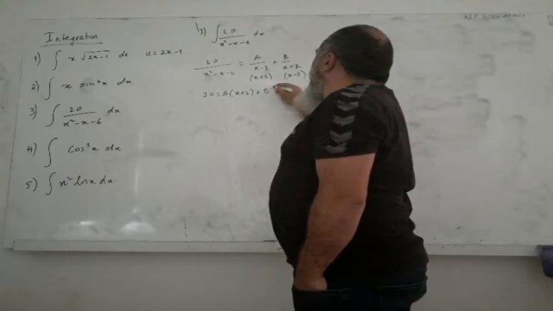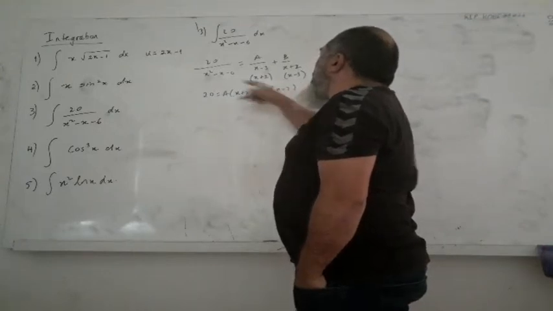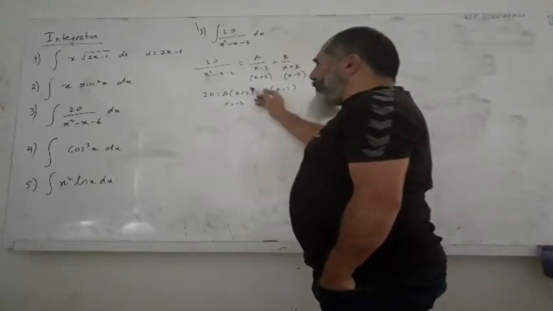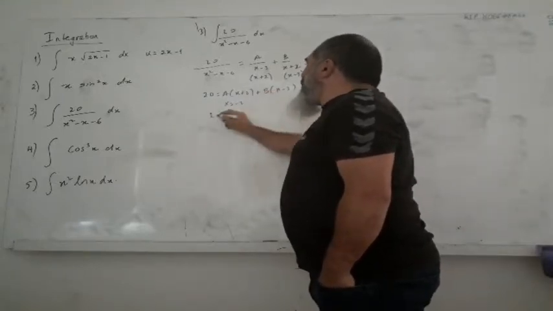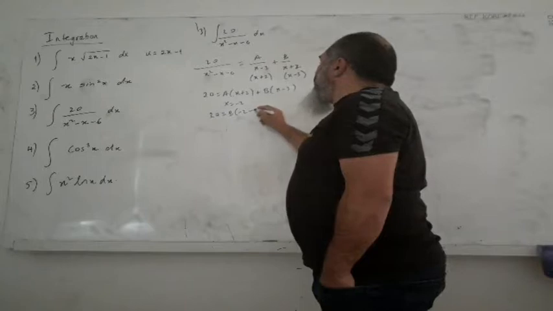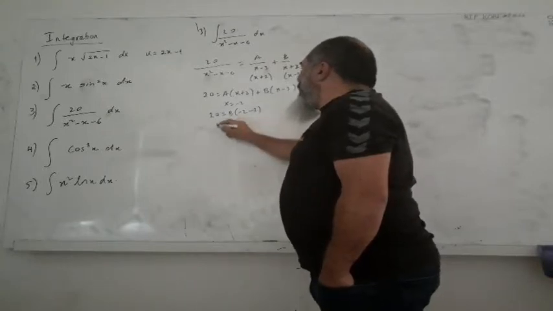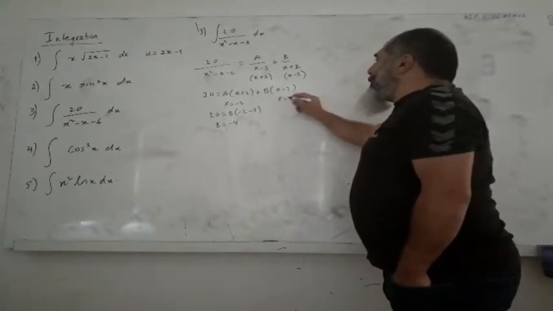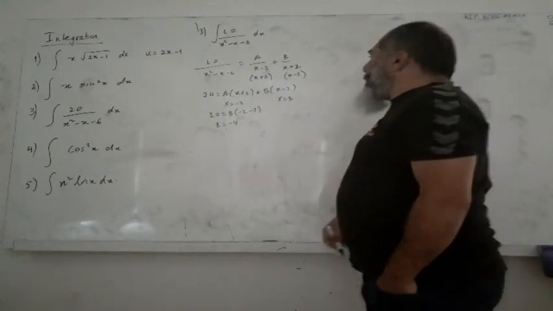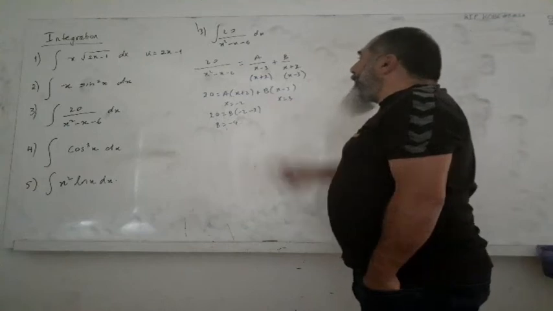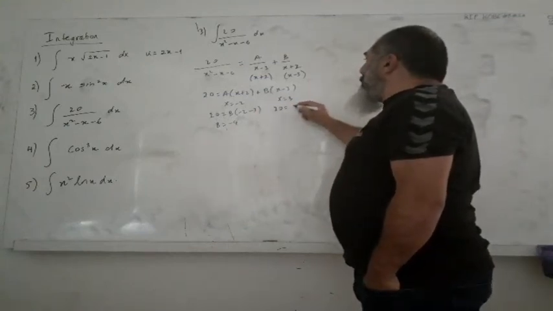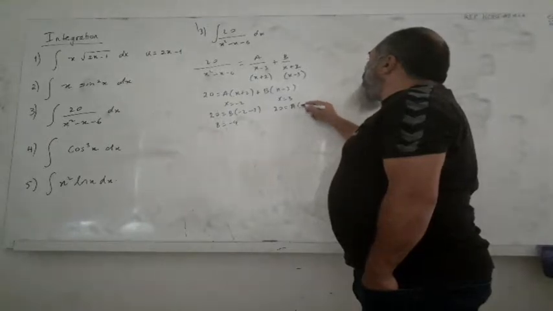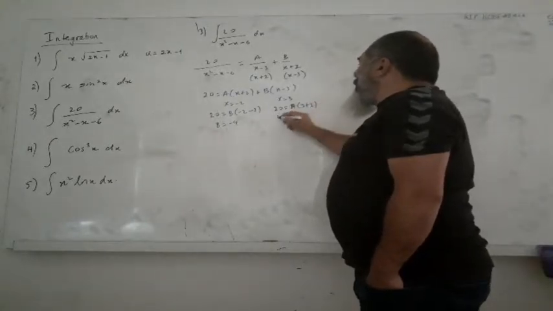So we have to say that x is equal to minus 2 to get rid of a. 20 is equal to b times minus 2 minus 3, b is equal to minus 4. And say that x is equal to 3, then b cancels out. So 20 is equal to a times 3 plus 2. 20 is equal to 5a, a is equal to 4.